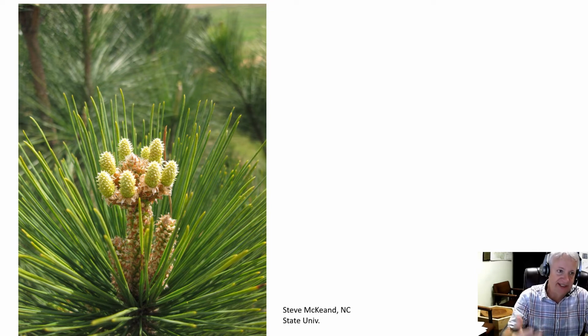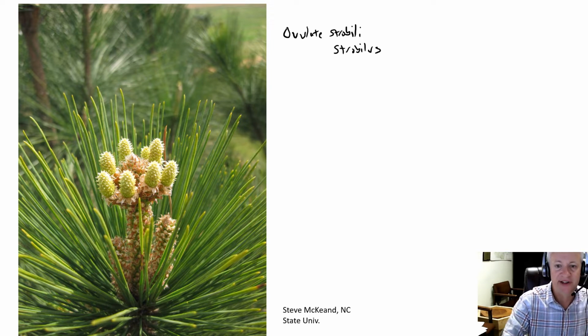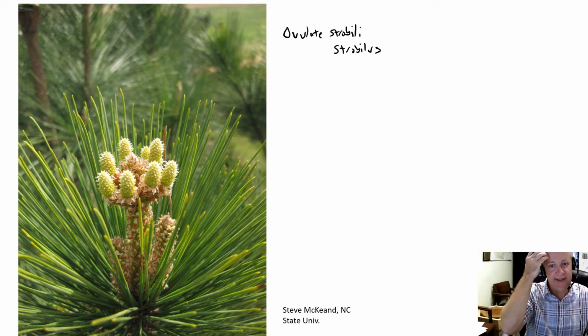So at any rate, for instance, in pine, these are the female reproductive structures. These are the ovulate strobili. That's the plural; singular is strobilus. I've heard Steve McKeon call these strobili. They're pronounced one way or the other.